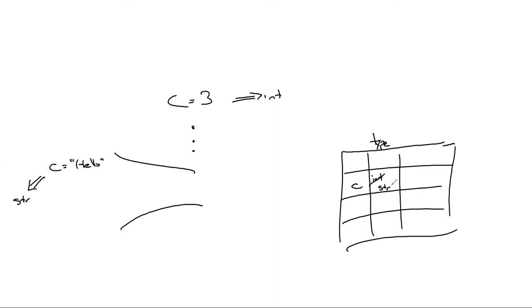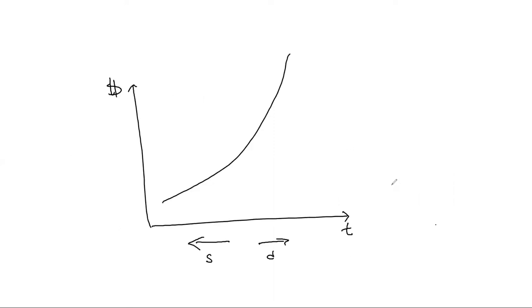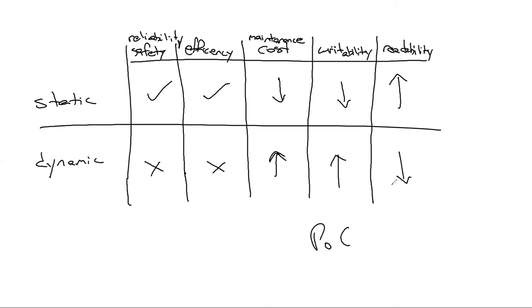However, when it comes to readability, it's the other way around. Here we have a tradeoff, some kind of tension between readability and writability. The readability of statically typed languages is actually better, and the readability of dynamically typed languages is actually worse because you're not sure at any point in time what your type is.